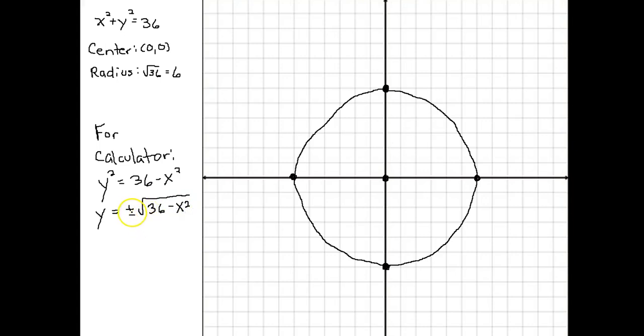You're going to take them both. And you can do that for y because it's y, not the radius. And then in your calculator, you're going to put one of the square roots in for y1, and you'll put the other square root in for y2.